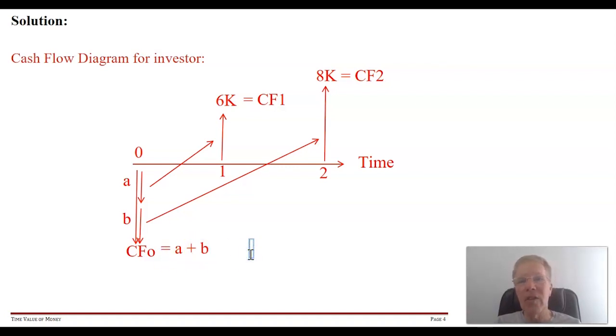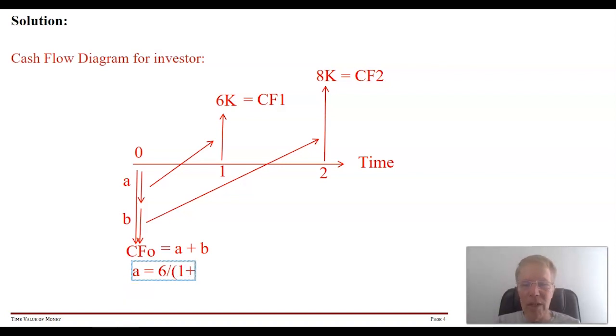Then it would be true that the total amount invested for this deal is A plus B. And now it's looking to me like we have something that we can completely solve using everything we learned in the previous chapter, right? So we can solve for A like this. A is equal to, we just need to discount it back by 1 year. So that's going to be using the present value, future value equation. The present value is equal to the future value divided by 1 plus r raised to the amount of time we're discounting by.